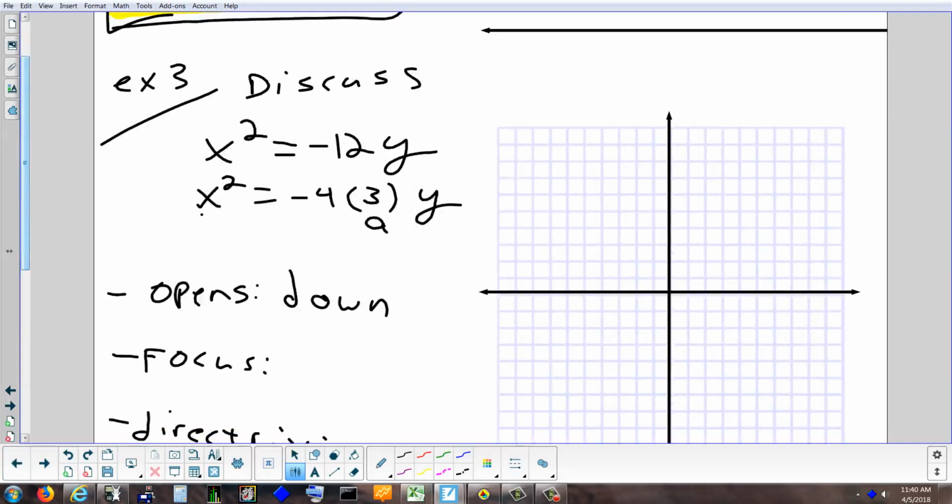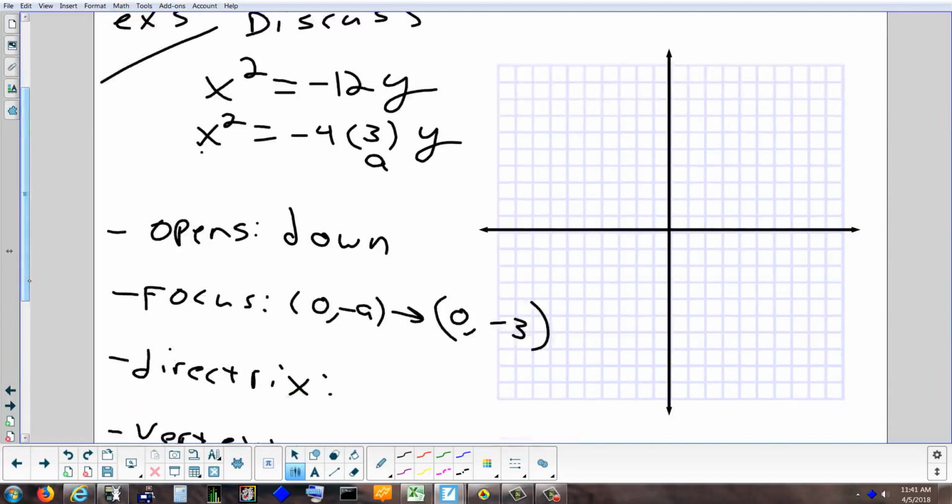What's the formula for the focus if it opens down? 0, negative A. I'm just reading it off the table. 0, negative A. So for us, that would mean 0, negative 3. Okay, so we get 0, negative 3. What's the formula for the directrix?